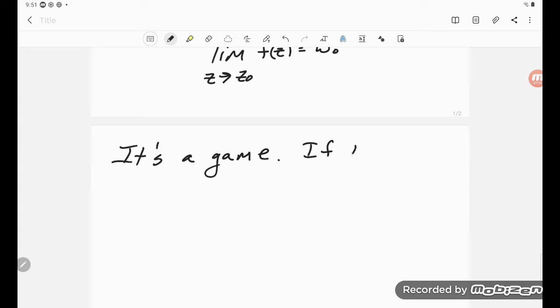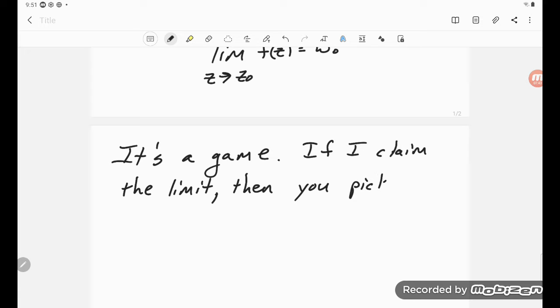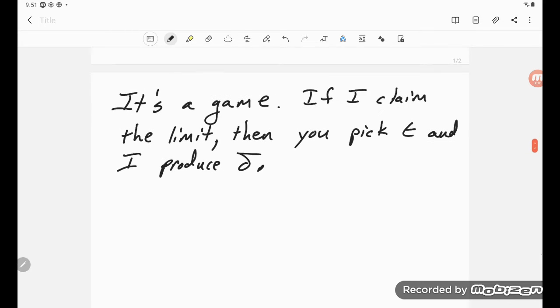If I claim the limit, in other words, if I'm making the assertion that W0 is the limit, then you, my adversary, pick epsilon and I produce delta. Okay, so that's the game.